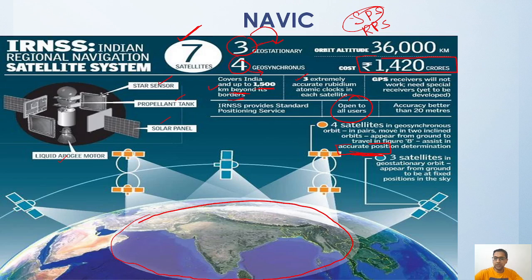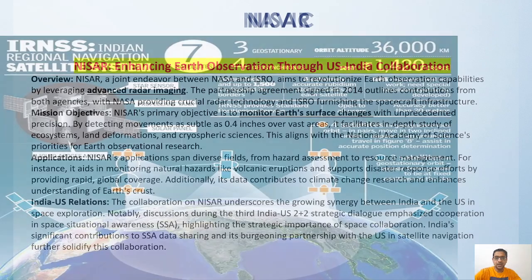The 3 geostationary satellites will appear fixed in the sky from the ground, because they follow the rotation of the Earth, and they help in accurately finding the position of anything moving or anything on the surface of the Earth. So this is the whole concept of NavIC.